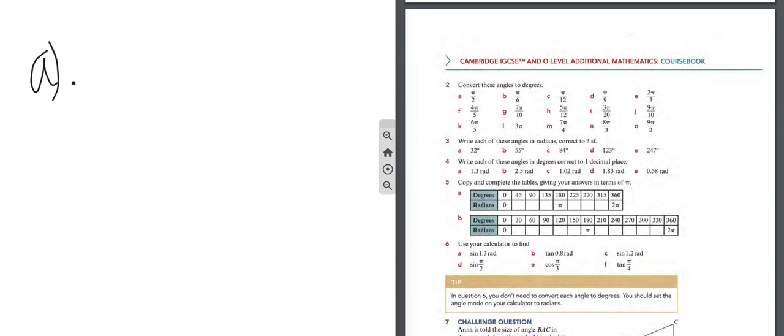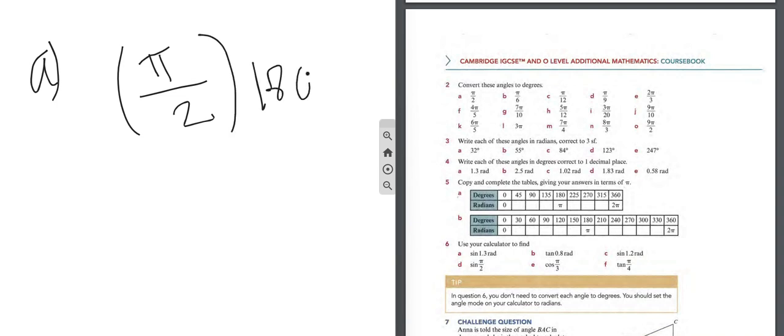Again, I will do the A part first because you have to make it as easy as we can. Pi by 2. Now you have to be very cautious. Pi by 2 times 180 by pi.